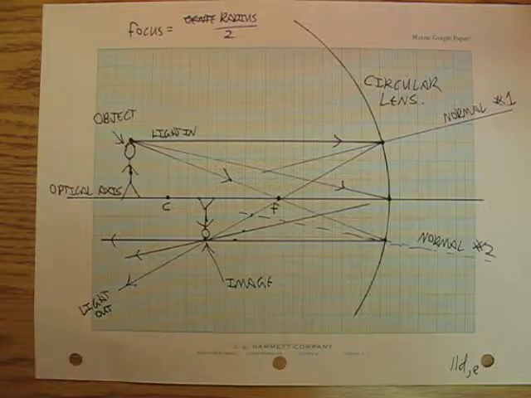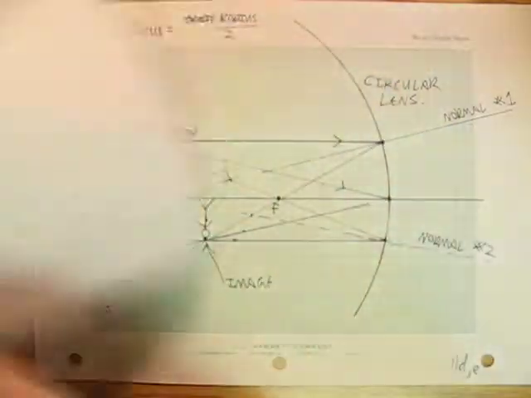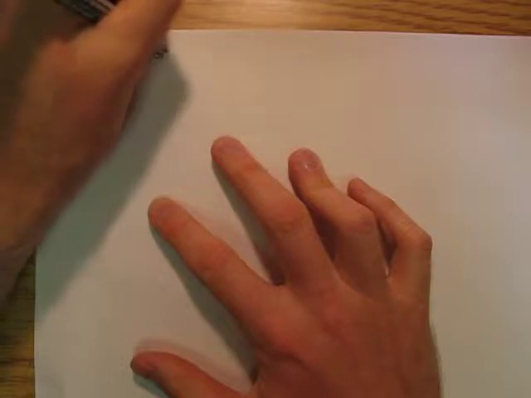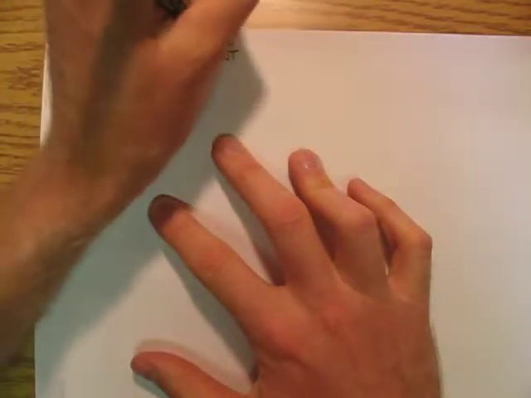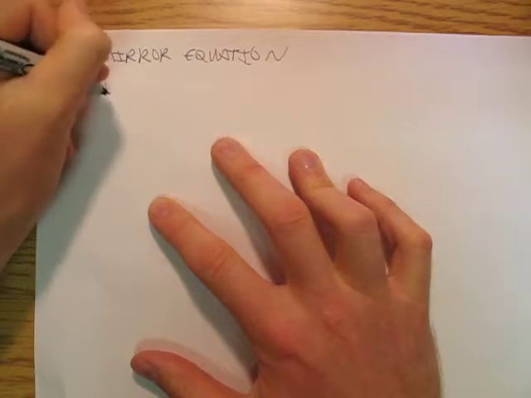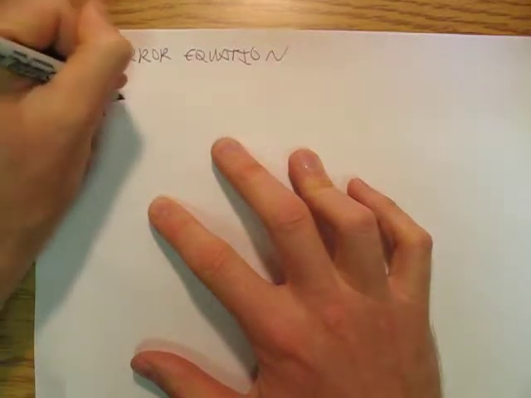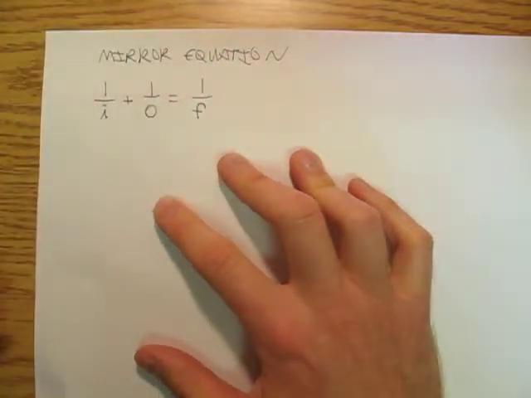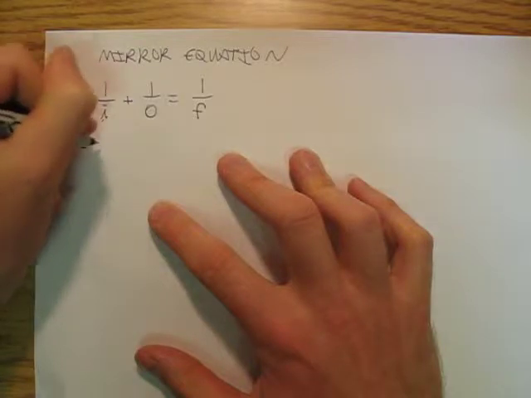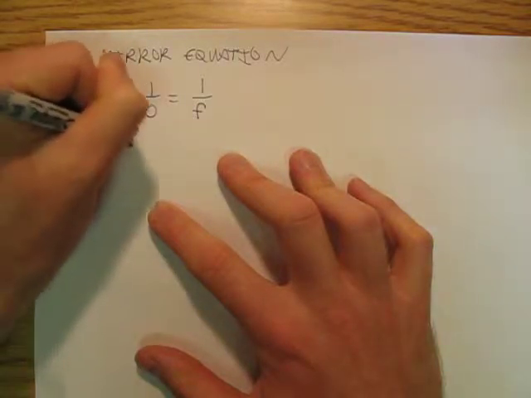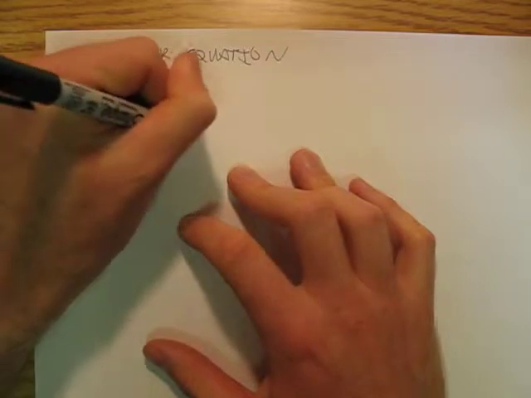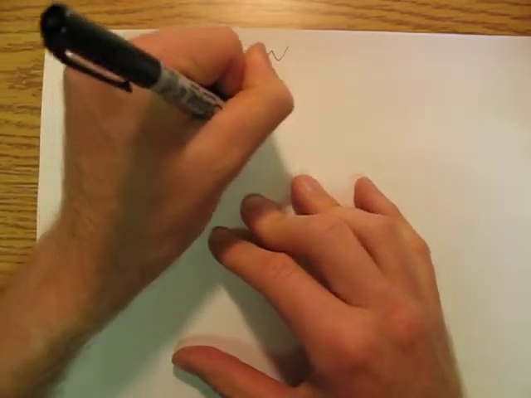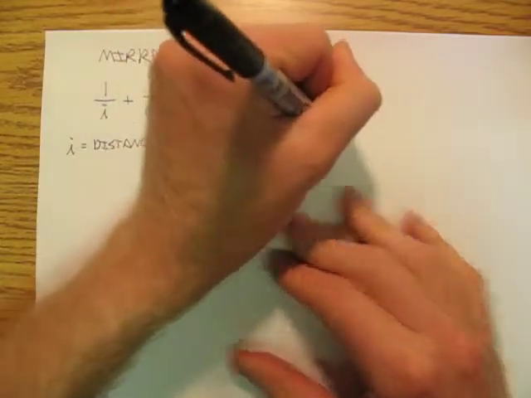So the equation that we can use is 1 over I plus 1 over O equals 1 over F. And so I is the distance from mirror to image.